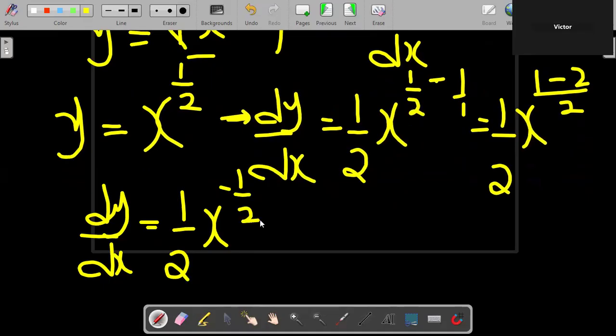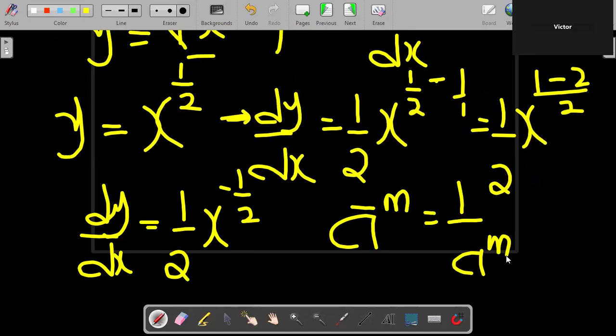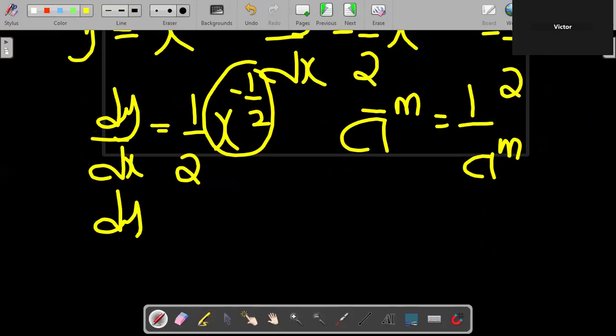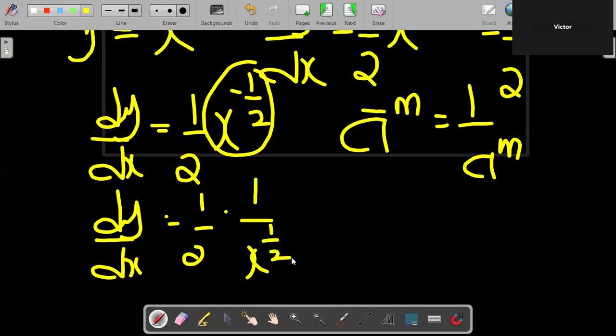Understood? Yes, sir. But if you apply the law of indices, the law of negative power that says a to the minus m can be written as 1 over a raised to the power m, because of this negative power that we have here. So if I apply that law, what are we having? My dy/dx will be 1 over 2 times 1 over x raised to the power half.